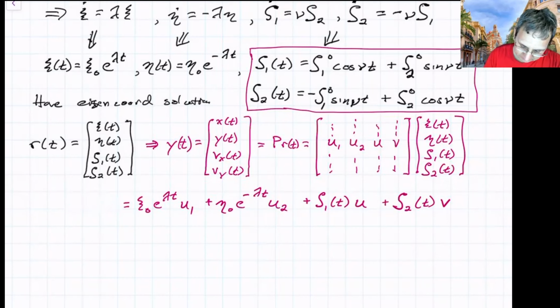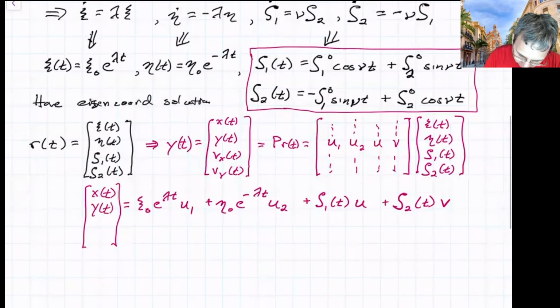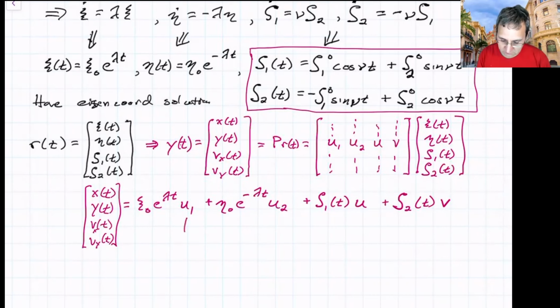So instead of maybe writing it that way as y, let's emphasize this is giving the full 4 directions, x, y, vx, vy, with respect to the equilibrium point, right? Because this is a 4-dimensional vector. Each of these are 4-dimensional vectors. And in fact, the first entry of U1, U2, and U is just 1.